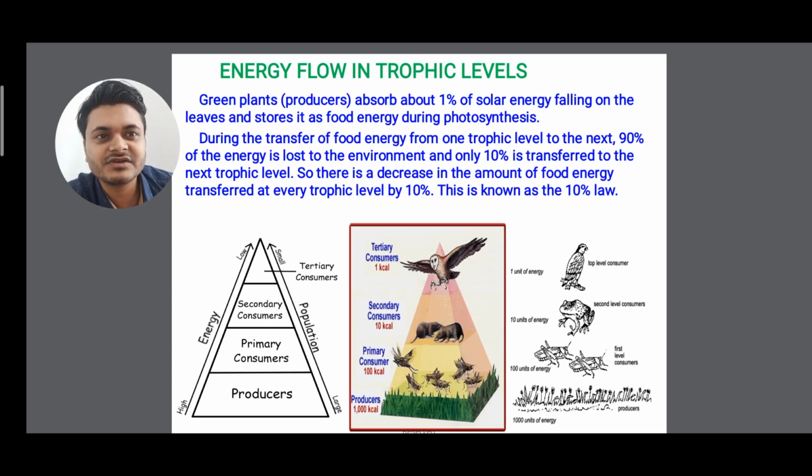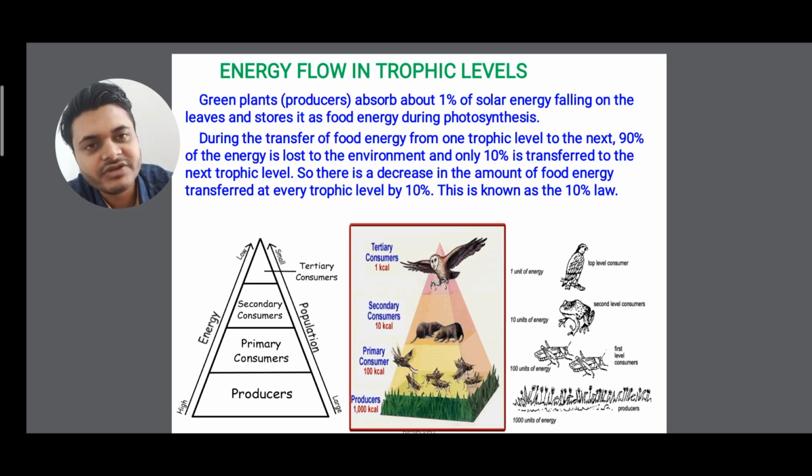During the transfer of food energy from one trophic level to the next, 90% of the energy is lost to the environment, and only 10% is transferred to the next trophic level. Understood? That means the 1% taken by the plant, we are considering as 100%.